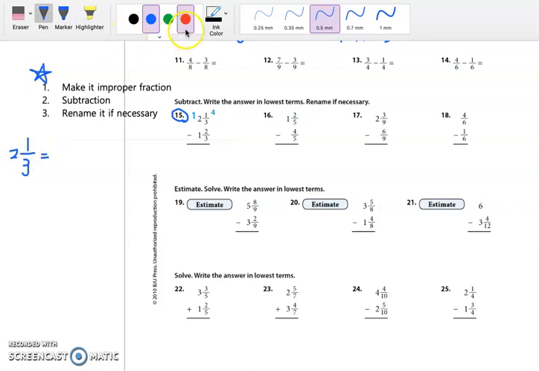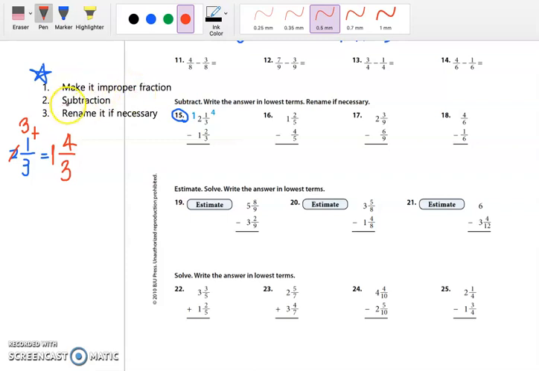So I'm going to take 1 from here and add it with my numerator. Because I took away 1 from here, I'm going to add 3 with 1, which is 4, and we don't change the denominator. And this is step number 1. I made my first fraction improper.